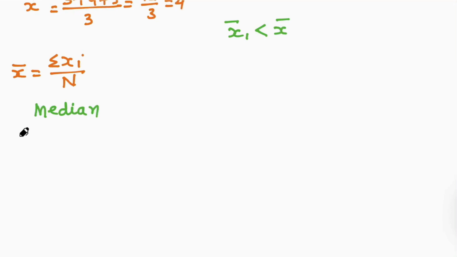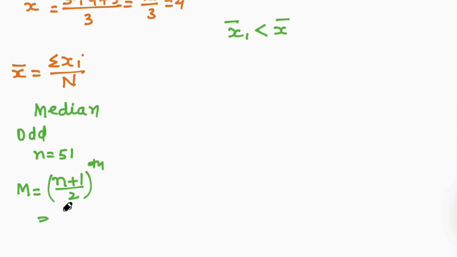If the number of observations is odd, so here n, the number of observations, is 51, then the formula for median is the n plus 1 by 2th observation. So n is 51, 51 plus 1, 52 by 2th observation.